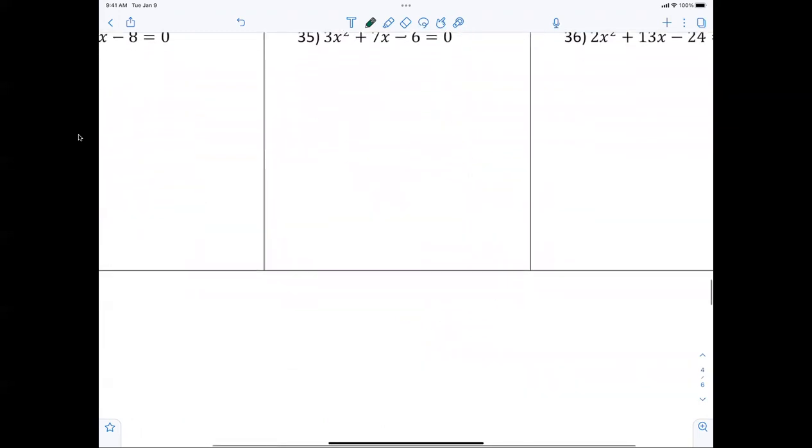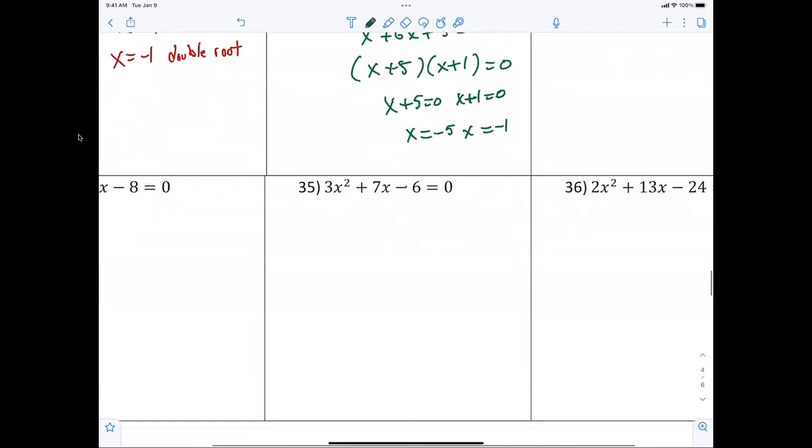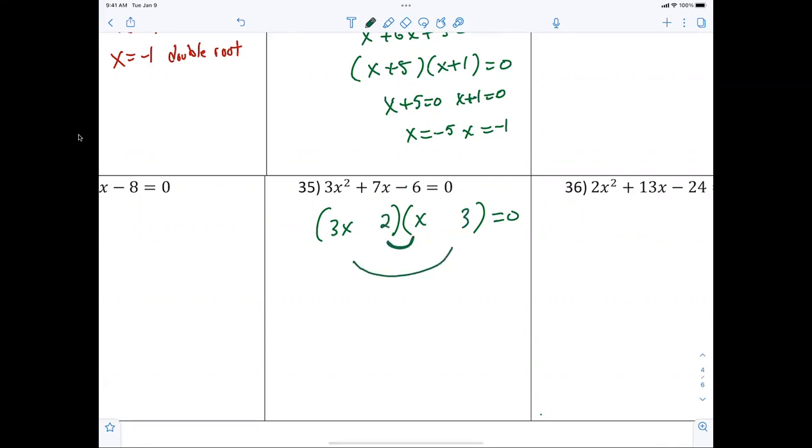All right, let's check out 35. What do I got here? 3x and x. Factors of 6. 3 and 2. Where do I need the 3 to go? 3 is on the right. +3, -2. So I want the 2 to be what?